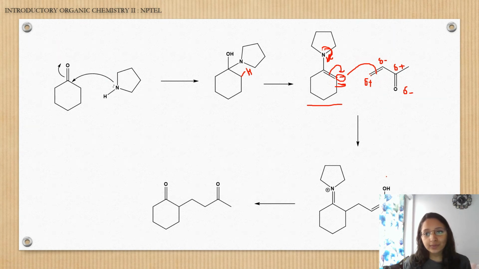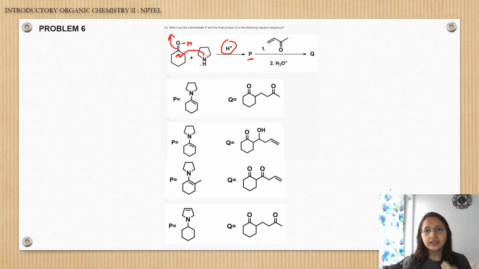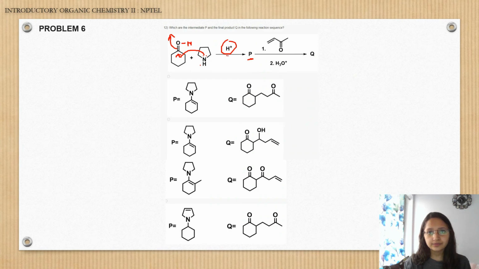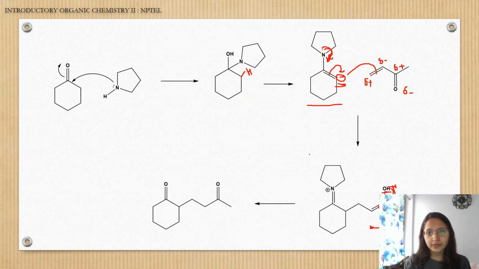This oxygen ion is trapped, as it is in acidic condition, so OH formation will take place rather than the oxygen ion. Now this OH bond will come down, and this carbon ion will be trapped by the acid which is present in the system.